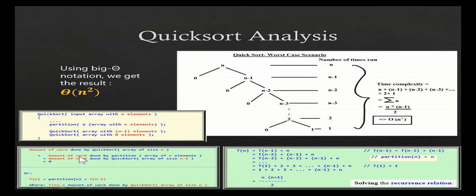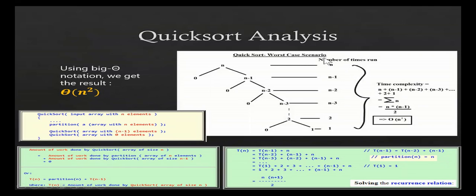So if we want to give a formal definition, the total work done by quicksort should be the amount of work done by partition plus the amount of work done by quicksort on the right array plus 0. 0 means we don't have any left side array at that time, right? So total time should be partition plus time of n minus 1. We can easily say that.